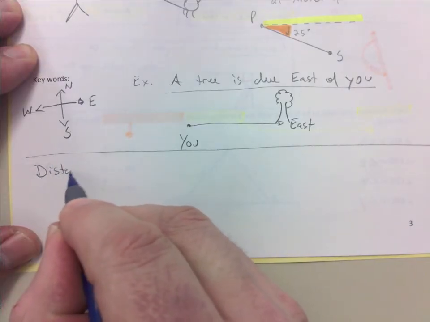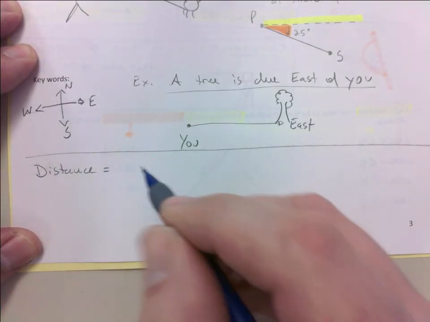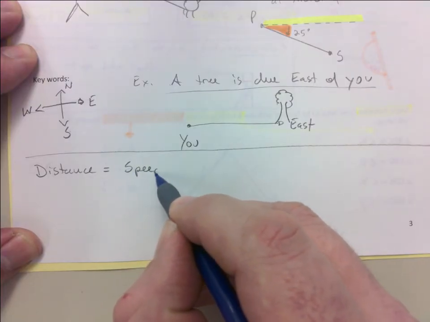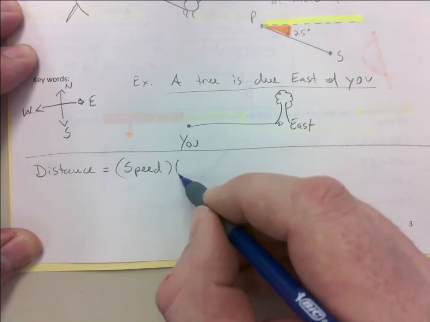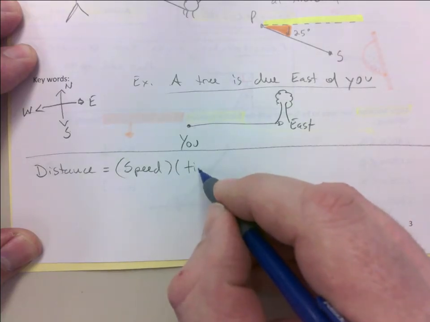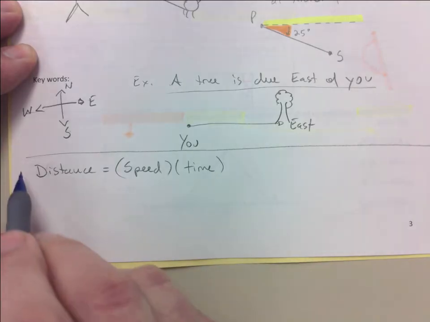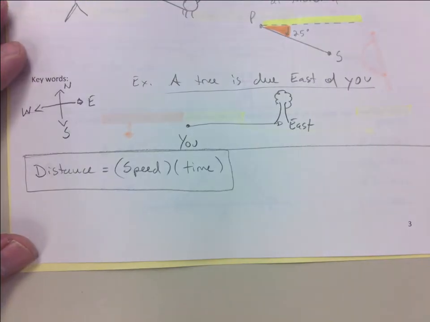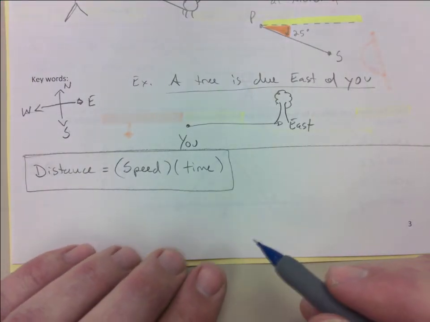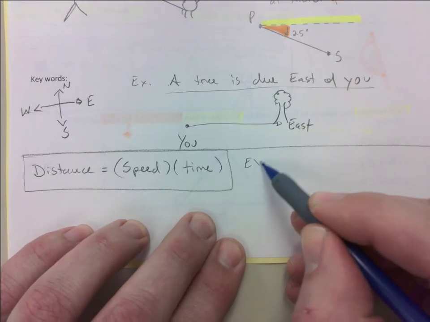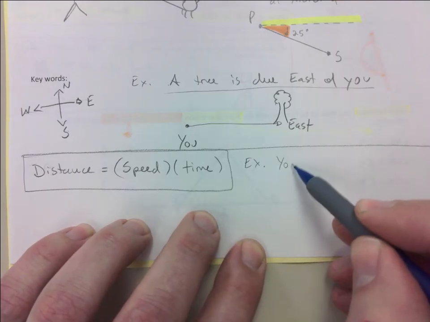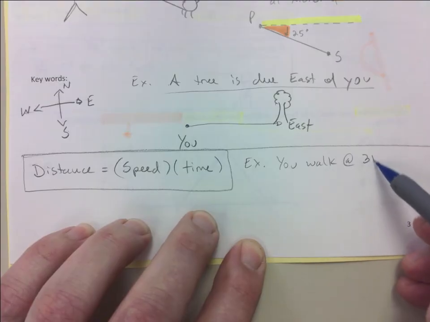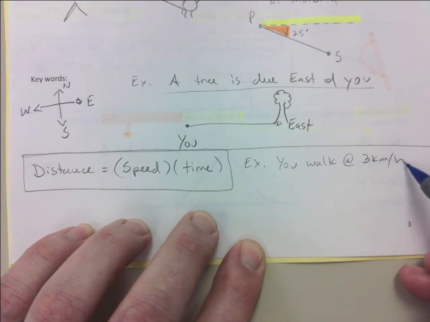Distance is, sometimes this formula will come in handy, speed times the time. Example, you walk at 3 kilometers per hour.